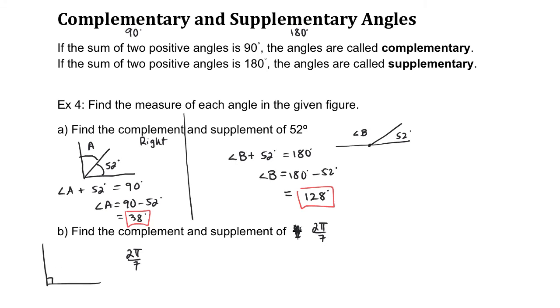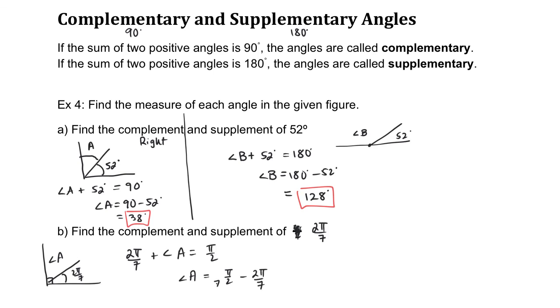Okay, so I have 2 pi over 7, that would be some little angle here. This is 2 pi over 7, and I want to know this complement. So my angles add up to pi over 2. So then the complement would be pi over 2 minus my angle, which is 2 pi over 7.